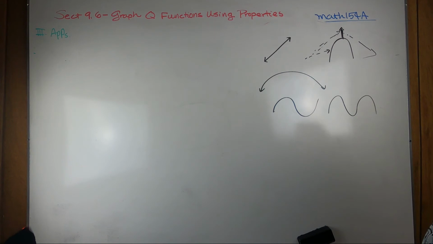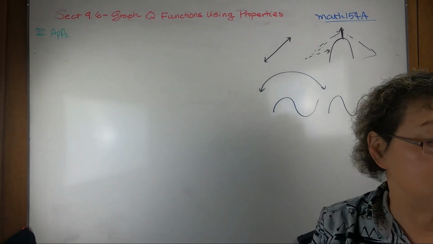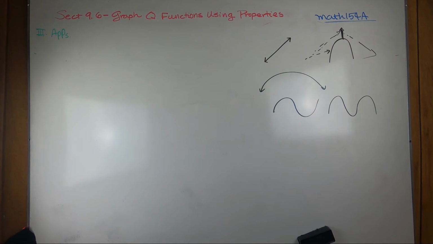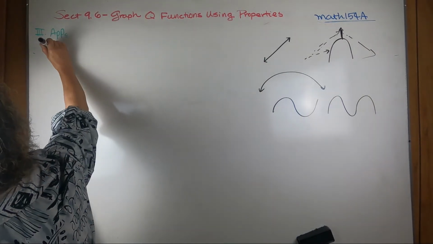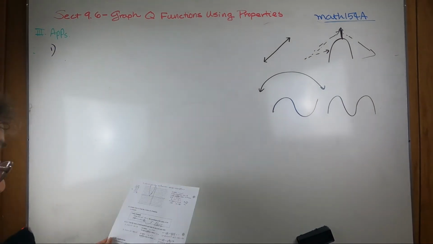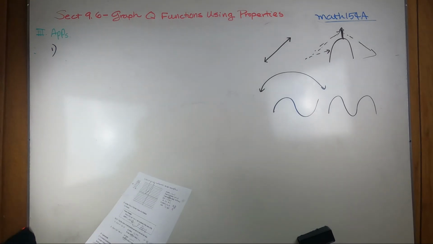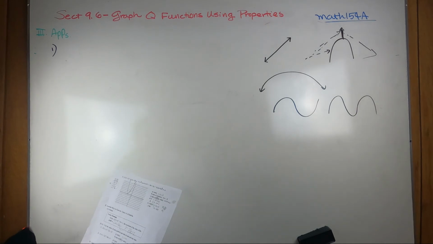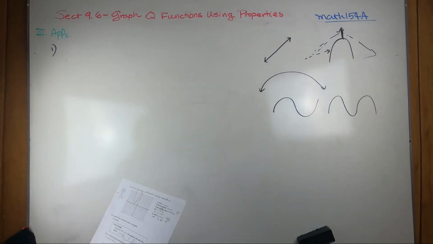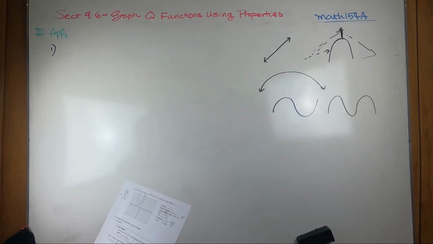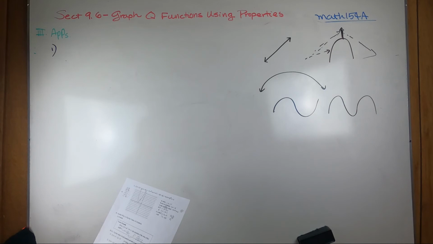So let's see how they will apply to certain situations. Okay, let's see some examples. On your page 21, it says, if a baseball is projected upward from ground level with an initial velocity of 64 feet per second.